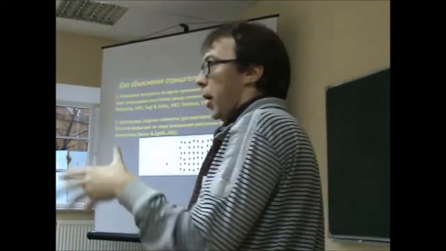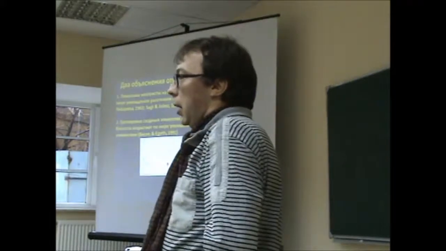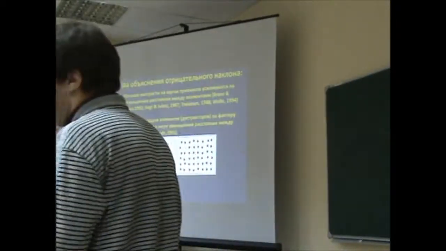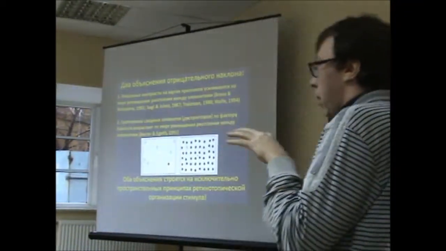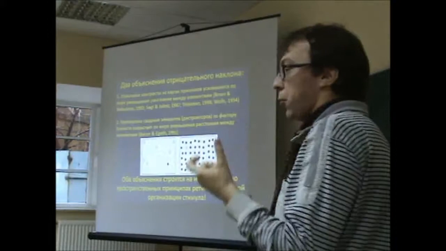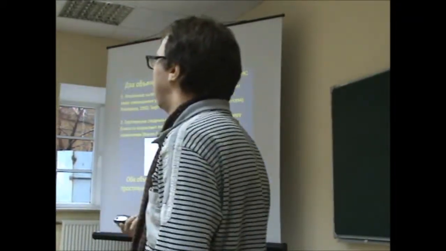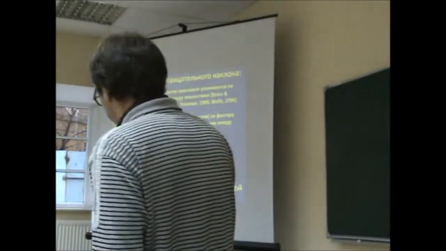Of course, when we're increasing the number of items on the screen, and the number of distractors and density as well, this proximity grouping increases, and it is easier to group distractors and ungroup them from the target, and this is their explanation. A common feature between both explanations is that they rely on purely spatial principles of organization, on purely retinotopic organization. So it is really a low-level explanation, really a bottom-up explanation.